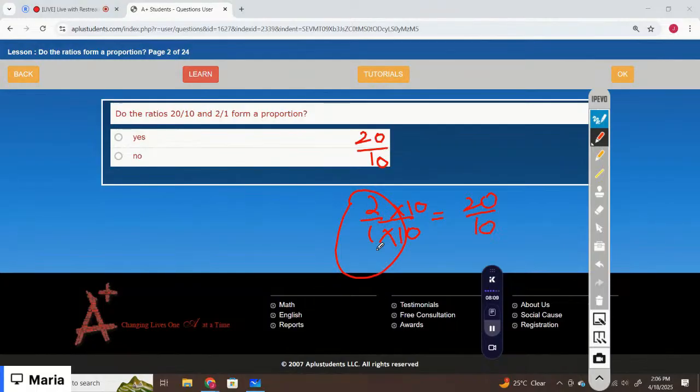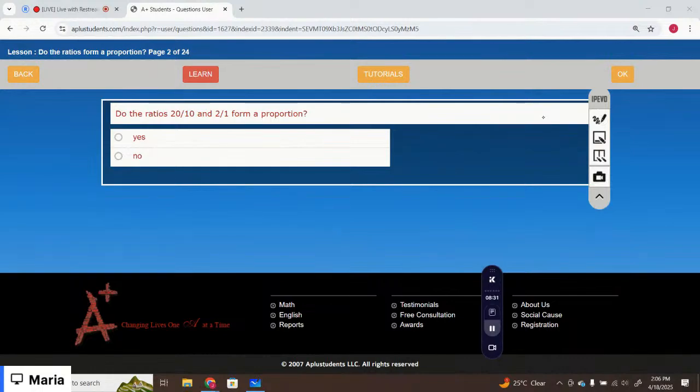See, you just make their denominators the same. Now their numerators are also the same, so these two fractions form a proportion. 20 by 10 and 2 by 1 form a proportion, yes.